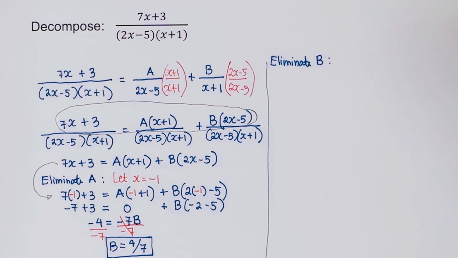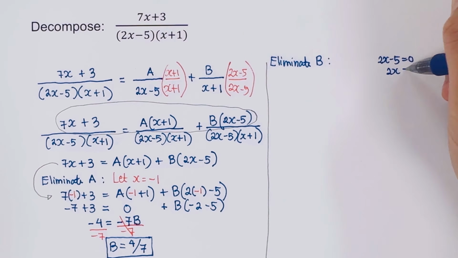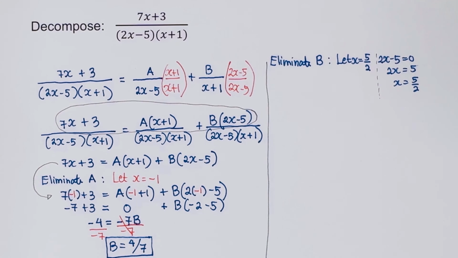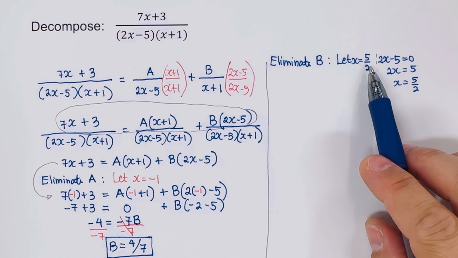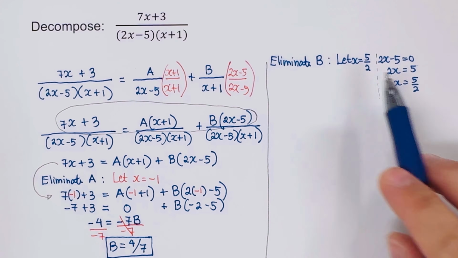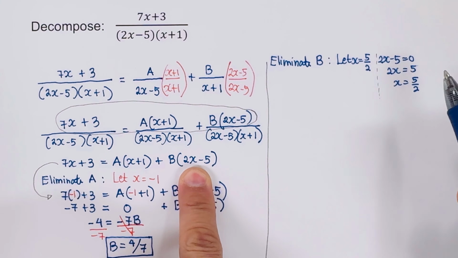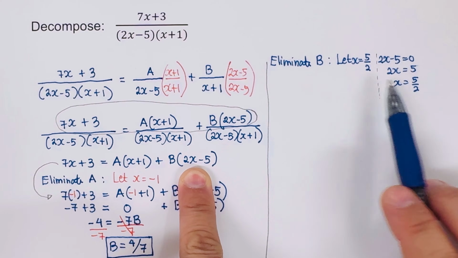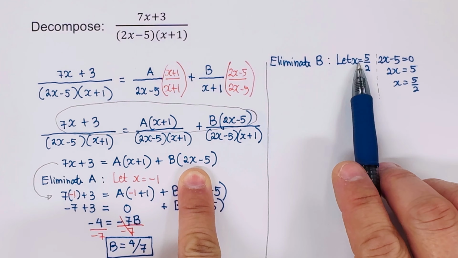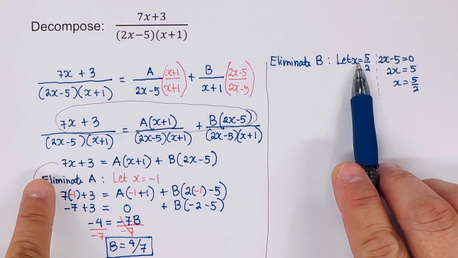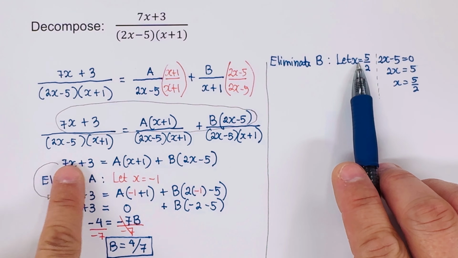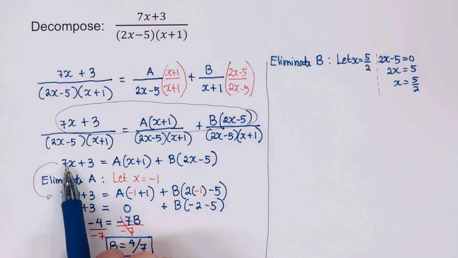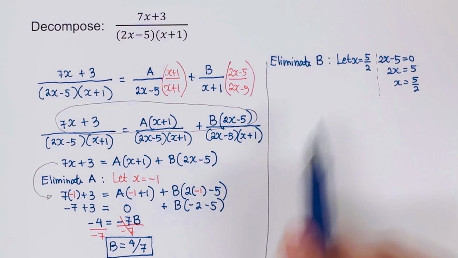So I'm going to show the work down here. We're going to let x equals 5 halves. Again, I got that by setting this equal to 0 and solving for x. This is the one we're going to plug into the equation down here, so I'm going to rewrite this equation and plug in 5 halves to it.